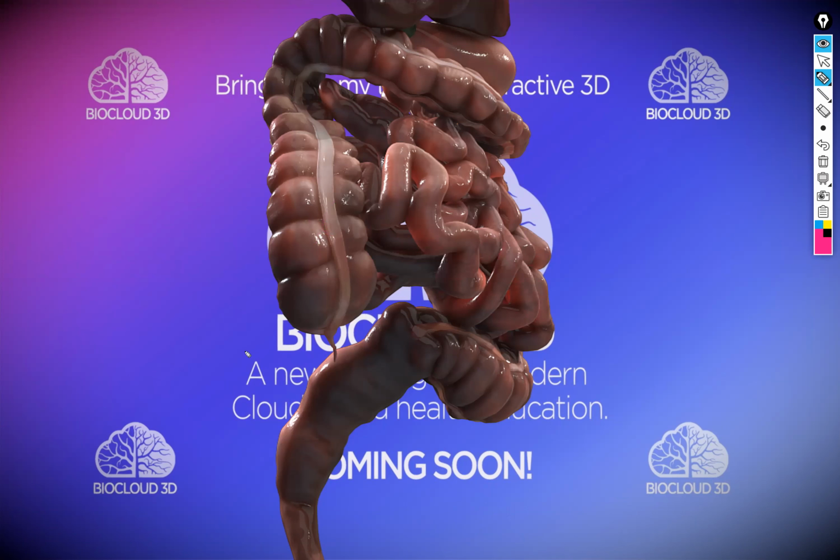But in the appendix, since it is a blind-ended pouch, poop gets stuck in there. And it forms these fecal concretions, which is a fancy way of saying poop crystal.